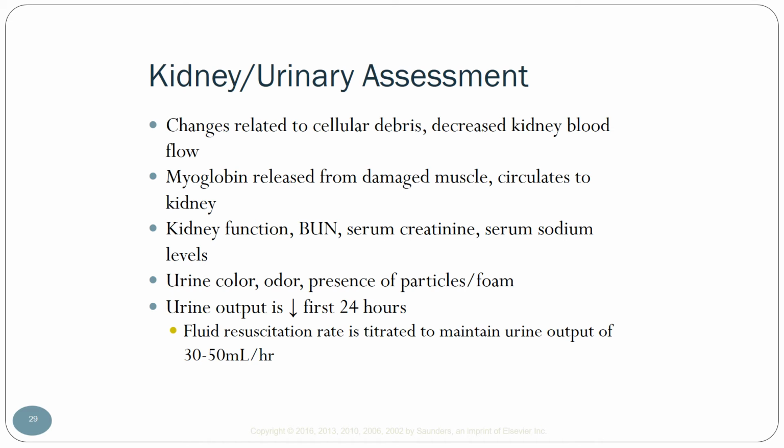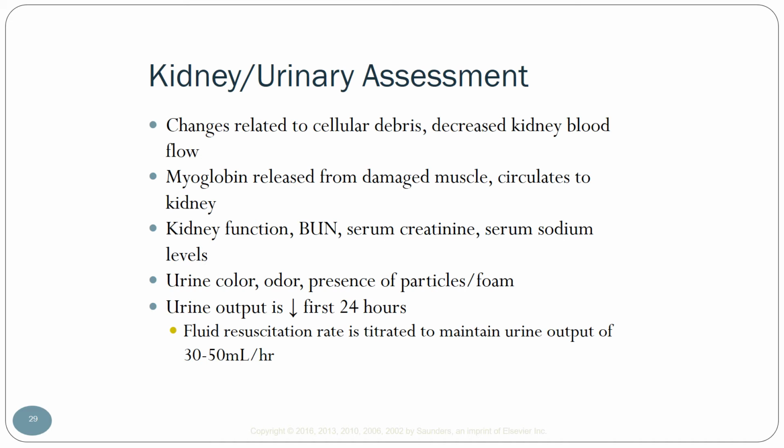The kidney and urinary changes that occur are typically related to cellular debris. We had a lot of damage to a bunch of cells. It's going to release wastes into circulation, and we have a decreased kidney blood flow with blood shunting. So that immediately sets us up for a possibility for acute kidney failure.